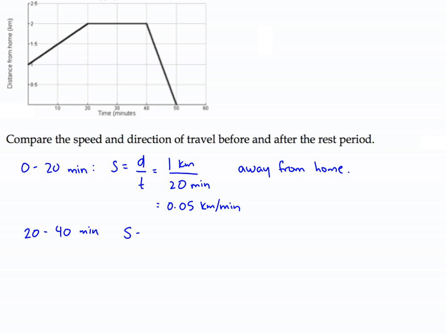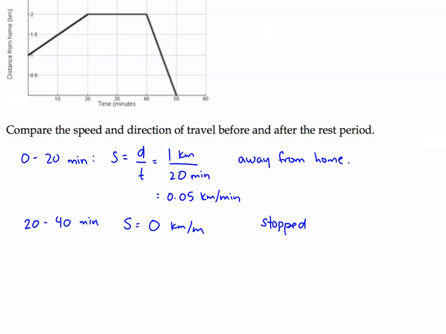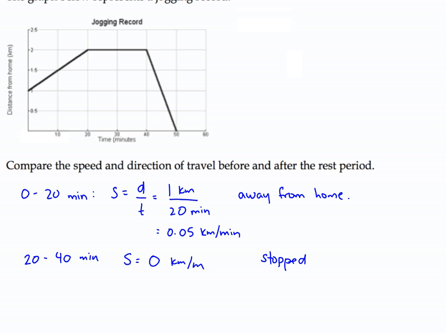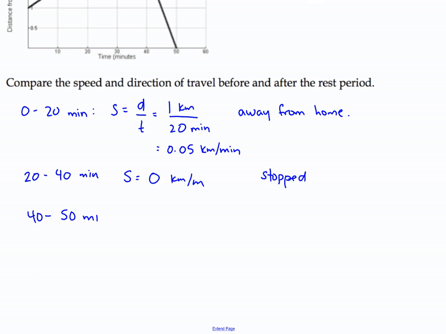What's his speed? 0 kilometers per minute, and he stopped. Right? And if we use distance over time, we'd have 0 divided by 20, and 0 divided by 20 is just 0. Okay, what about 40 to 50 minutes? Speed equals distance over time.